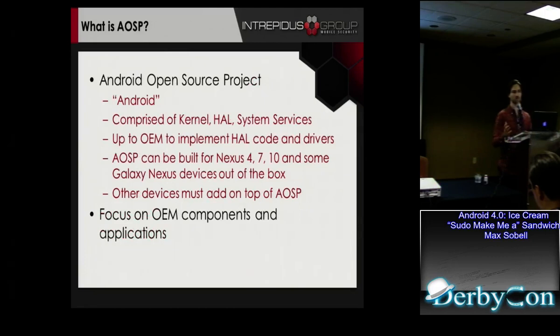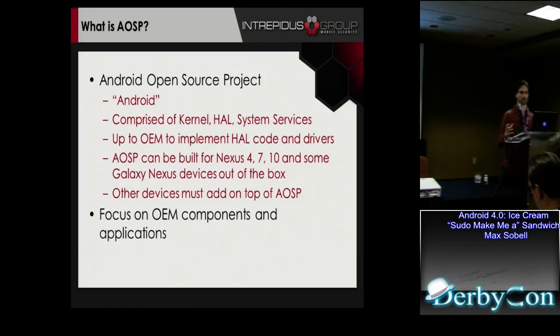So the Android open source project is what we call Android. It's comprised of a kernel, a hardware abstraction layer, some system services. So OEMs can port this to their device, but then it's up to them to interact with the hardware abstraction layer and provide the hardware abstraction layer code, drivers.